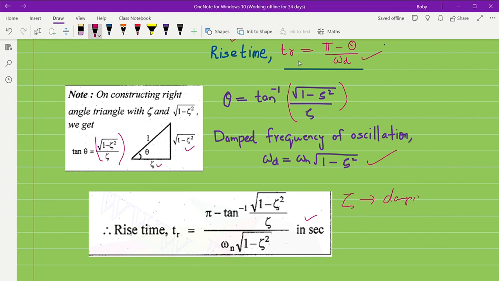We simply have to remember this equation: rise time TR is equal to pi minus theta divided by omega d.